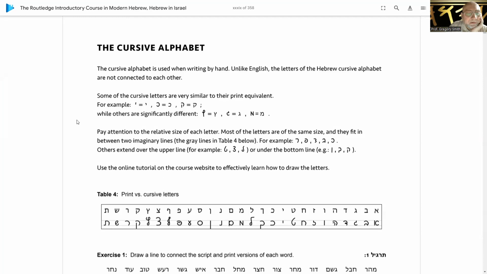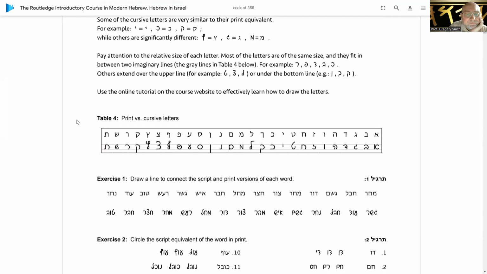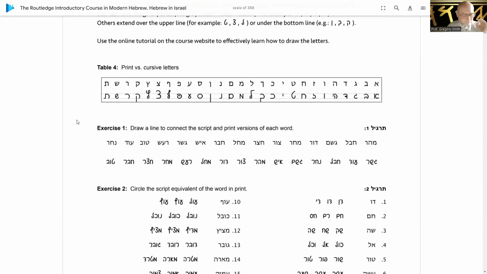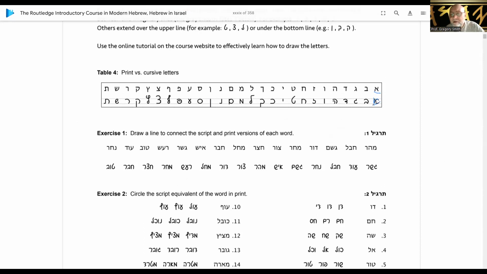So let's see here. Okay, so we have Aleph here, and so this would be like Aleph. That's bet, and this is a bet. Gimel, okay, Dalet.